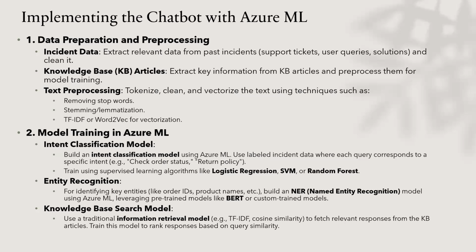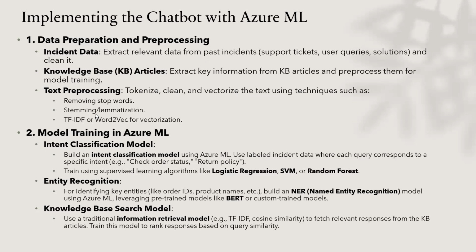And they have their specific terminology and they have their specific words that have to be used. So the ML model has to be fine-tuned based on those terminologies. So we need to use the incident data and the knowledge base for fine-tuning the ML model. So that's the first step. First step is data preparation and pre-processing.